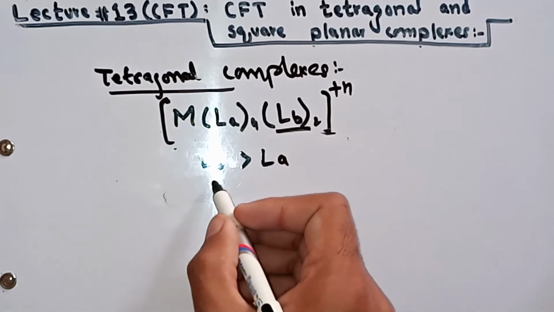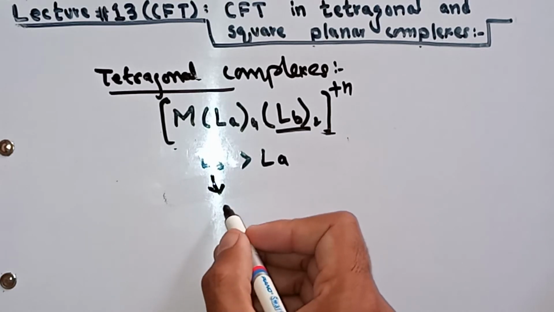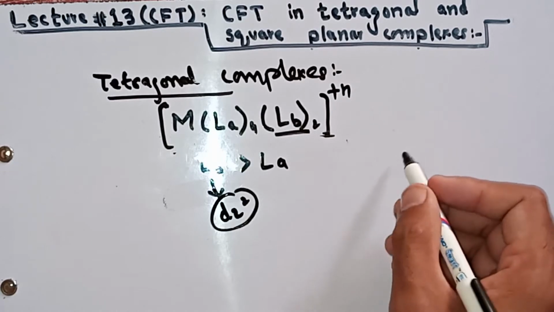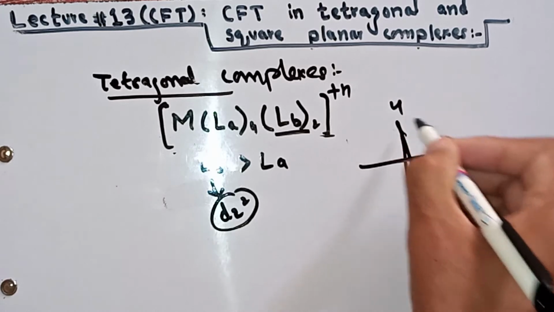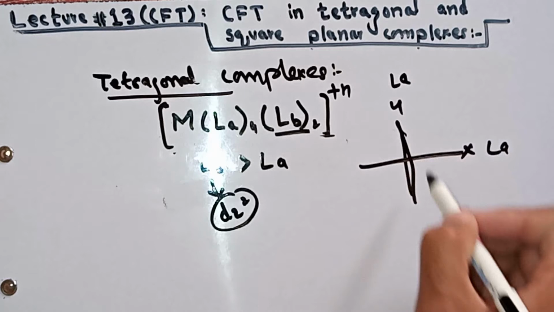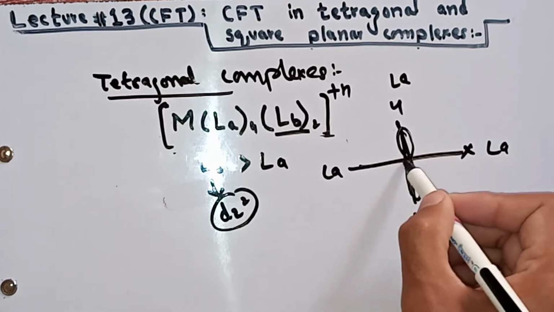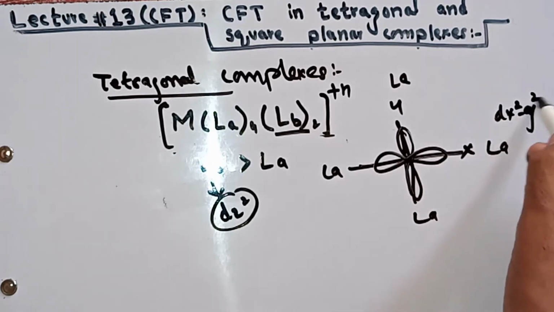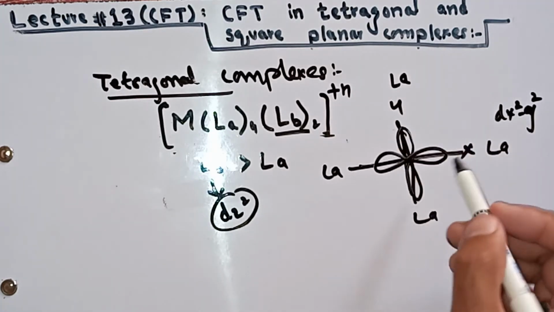Lb are two ligands, so Lb will approach the central metal atom in only one way, along the dz square orbital, because this is the xy plane, x axis, y axis. The first La, second, third and fourth ligands will approach in this direction, and this orbital is called dx square minus y square, because this is the x axis and this is the y axis.